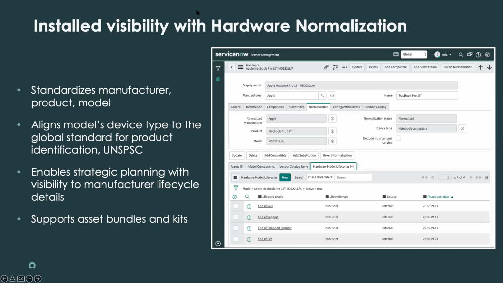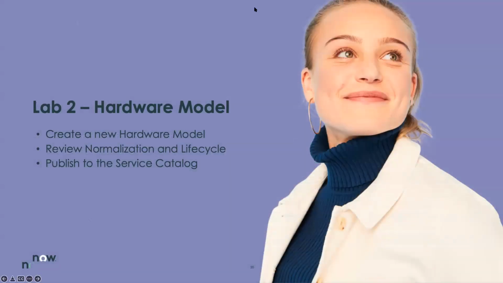Let's see if there's any other questions. Looks like we're okay. Okay, with that, we're going to hop into my instance and take a quick look at creating a hardware model. Oh, another question. It says, is it out of box or a customized role? I think for hardware asset management, I'll need to get back to you on that.